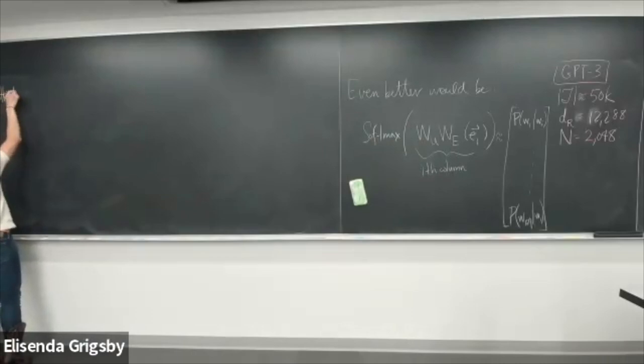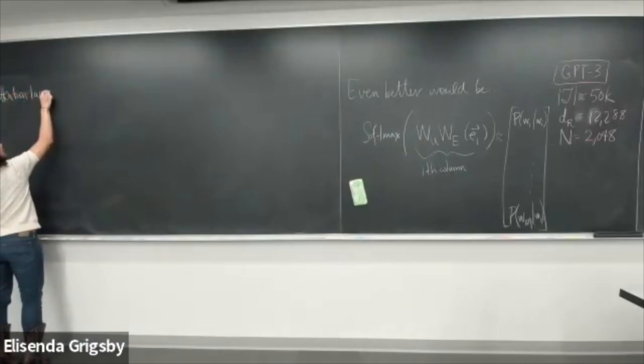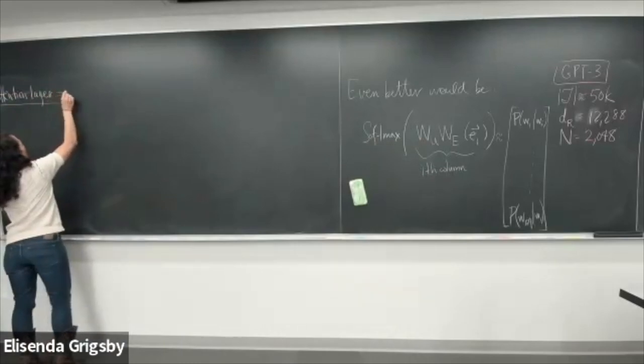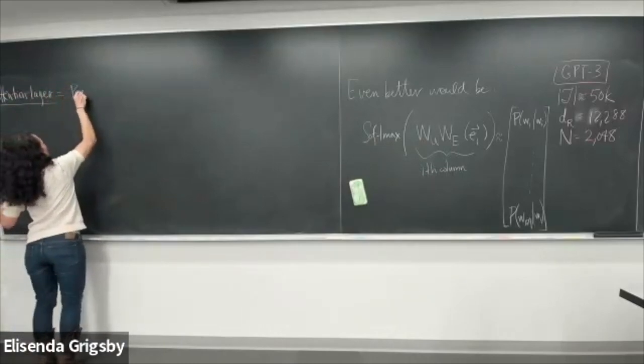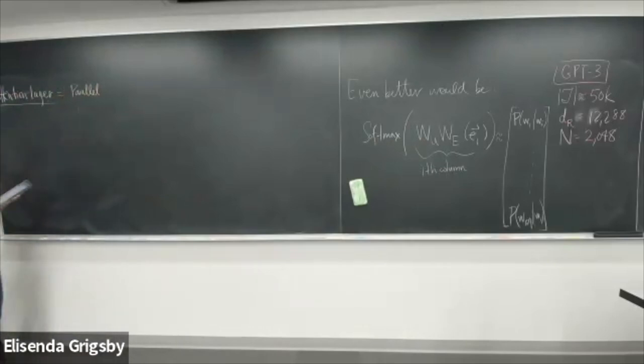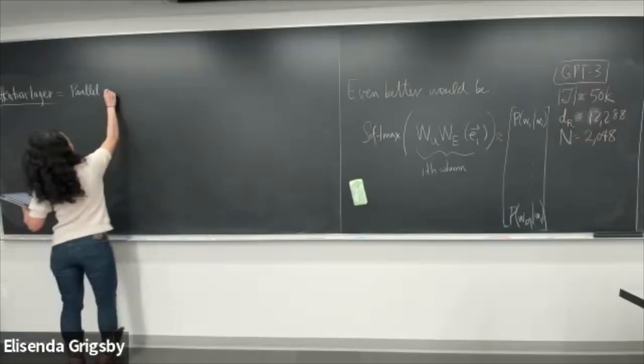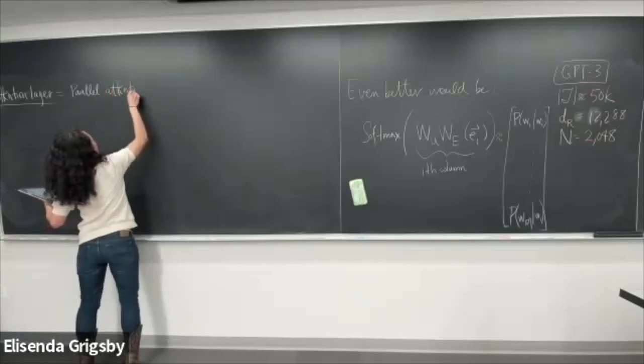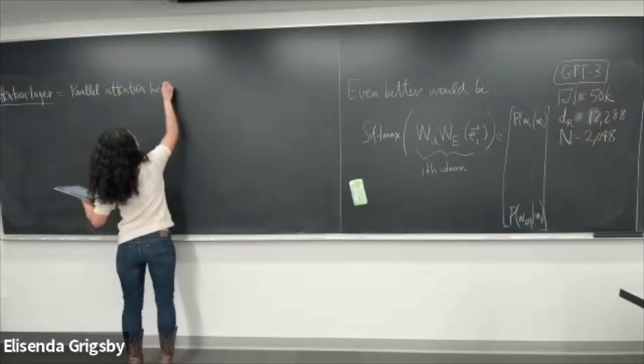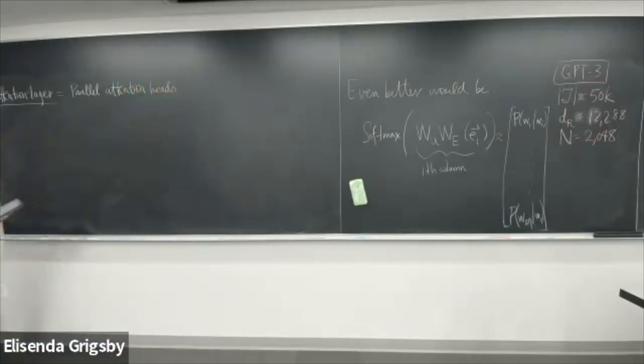The attention layer is parallel, in the sense that each attention head has its own trainable parameters, and all the computations can be done in parallel. They don't really depend on each other at all. So parallel attention heads. You should think of it as a stack of attention heads, like sheets of paper.